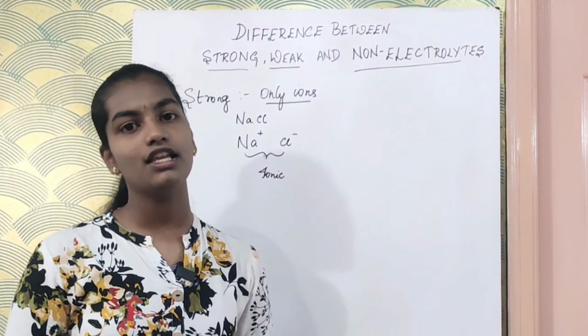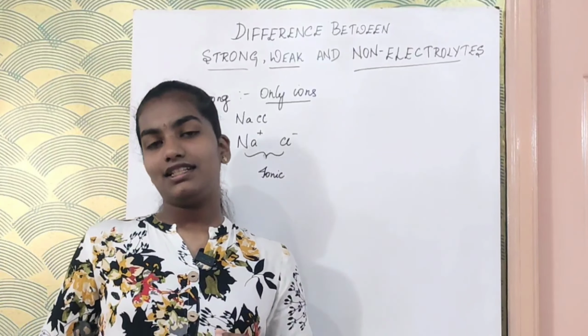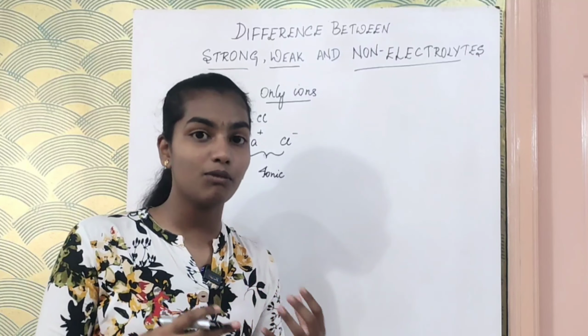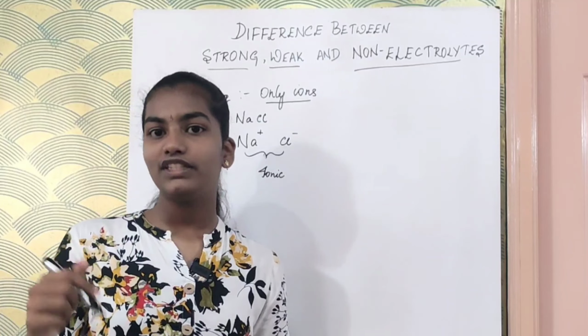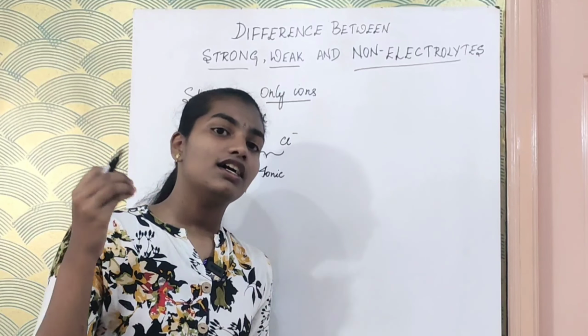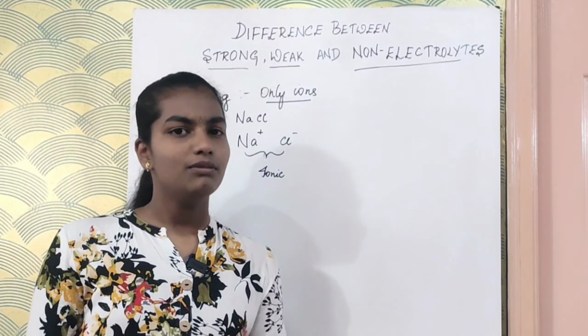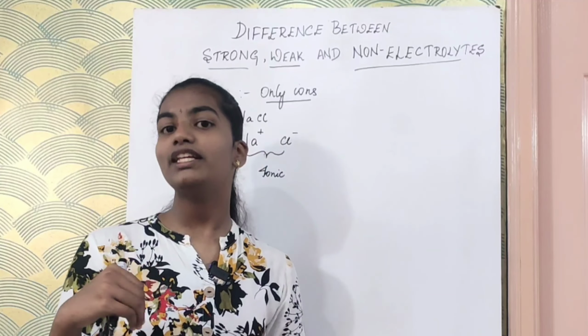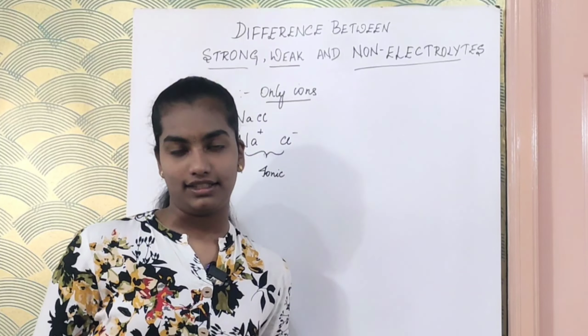It is because to pass electricity, it needs to have free ions. That is, there should be mobility of the ions. Whereas in solid NaCl, mobility is not there, right? There are no freely moving ions, which is why it can't pass electricity.